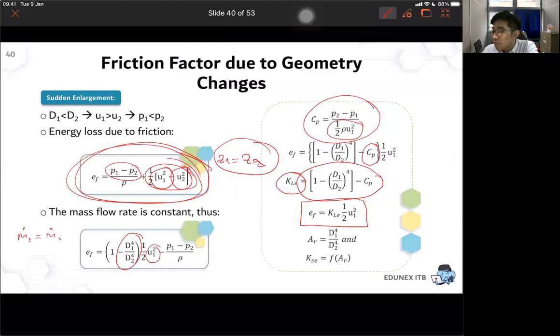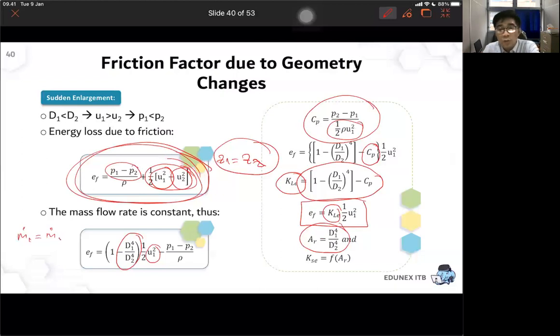By seeing the derivation of the equation, you may see that for sudden enlargement, the constant will depend on the ratio of the diameters, because there will be different sizes of sudden enlargement. It depends on how big the diameter is at the inlet and the outlet.